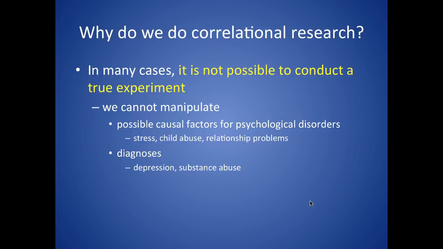What you can do is correlational research to see if people who have a diagnosis of multiple personality disorder have had a history of childhood abuse. And it turns out in that case that there is a positive correlation.